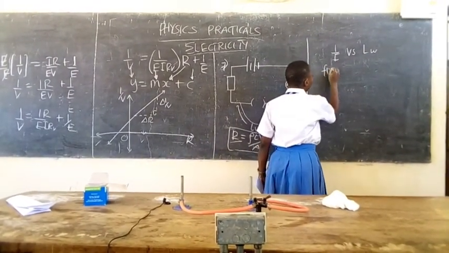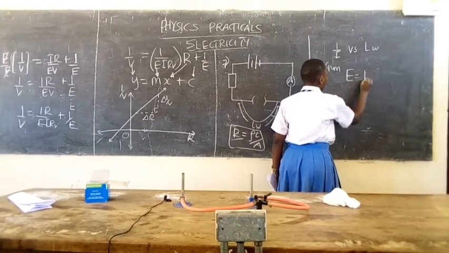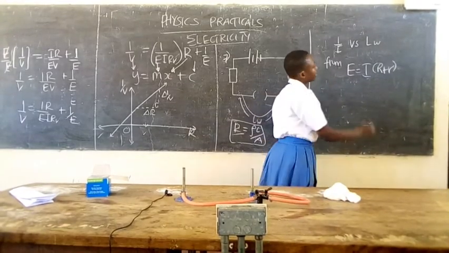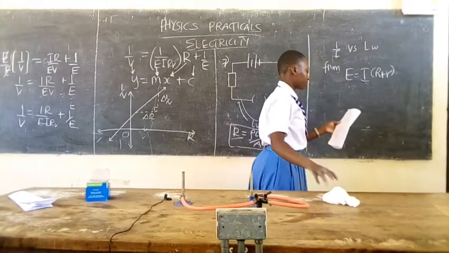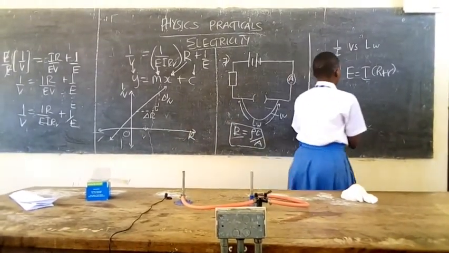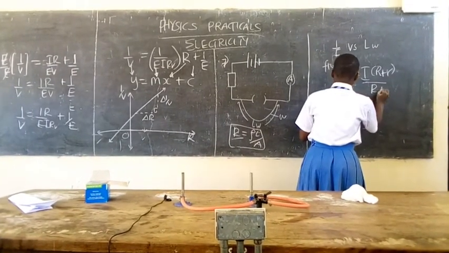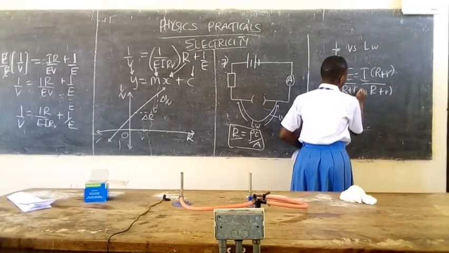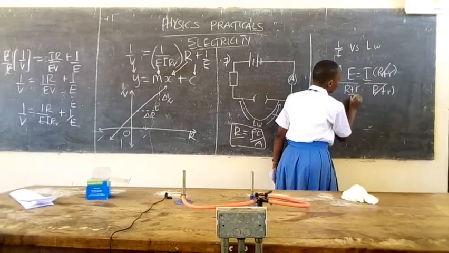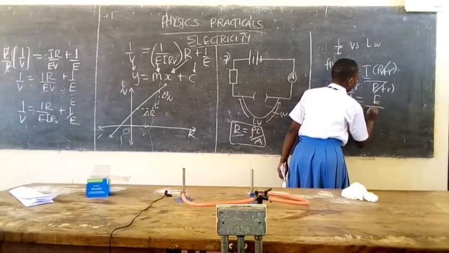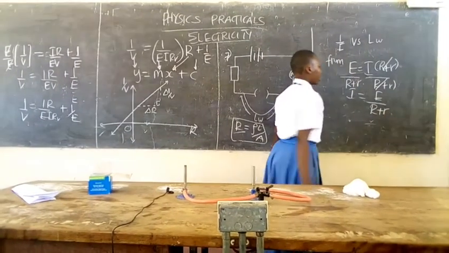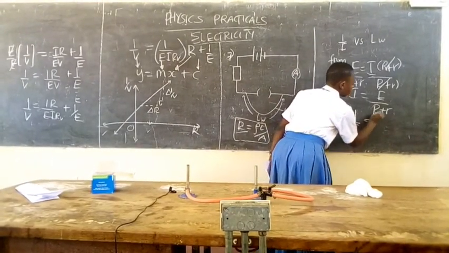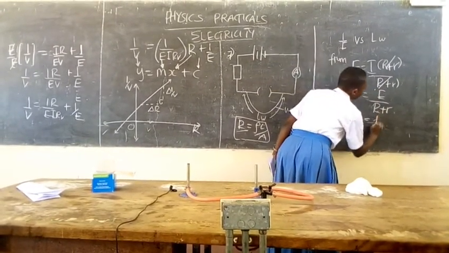As usual, from E equals I, R plus r. Therefore, I equals E over R plus r. I reciprocate this to be 1 over I, because when we bring it up, this will only be down, R plus r.